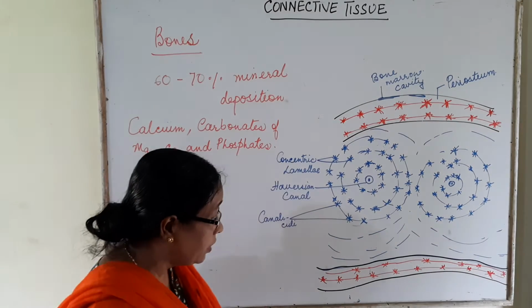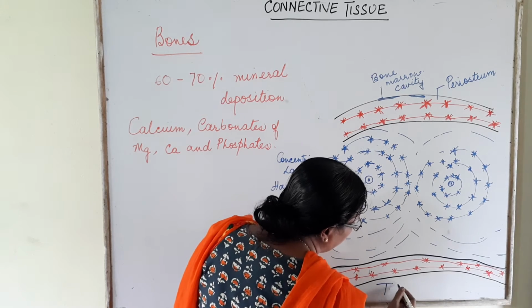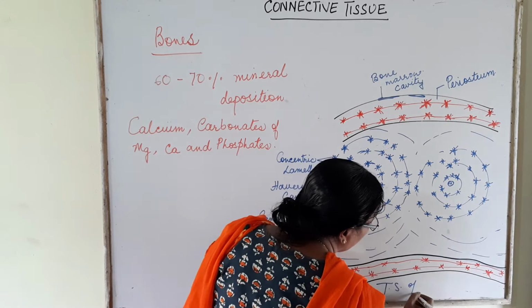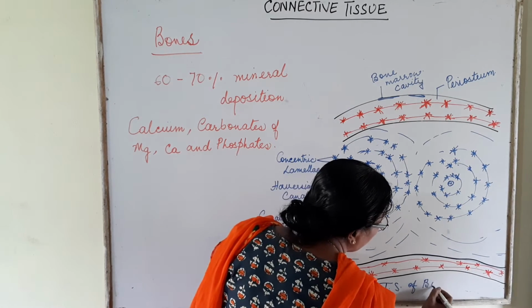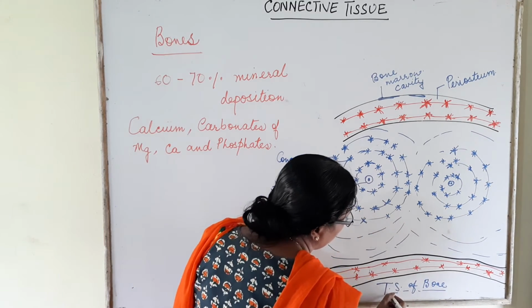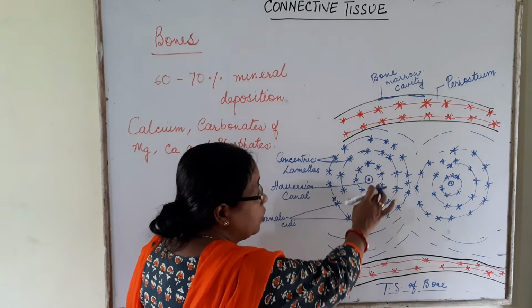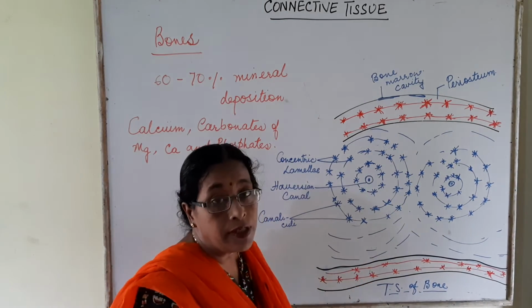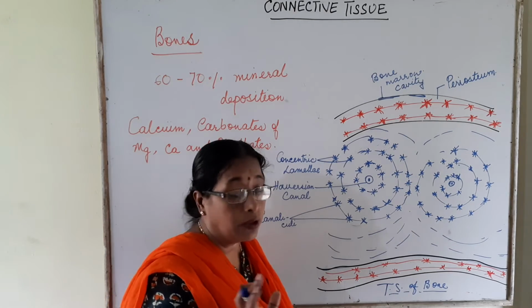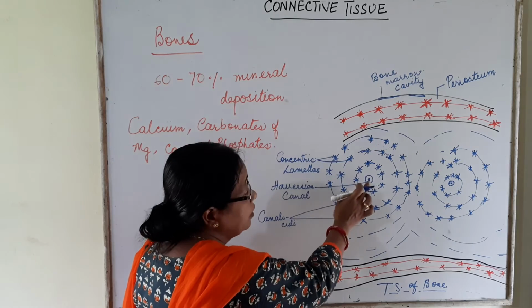Now let us see the diagram. This is the transverse section of bone, TS of bone. You see this Haversian canal and the osteocytes. Osteocytes are the cells of the bone. The osteocytes are present surrounding the Haversian canal.